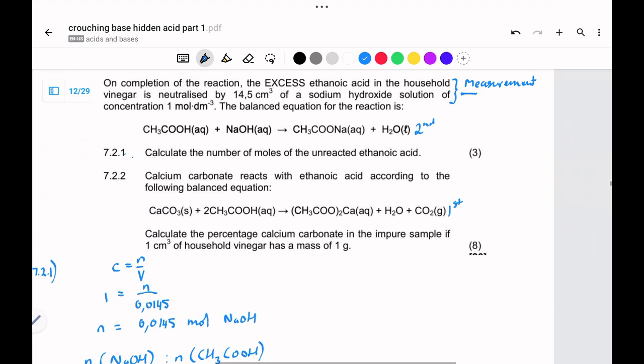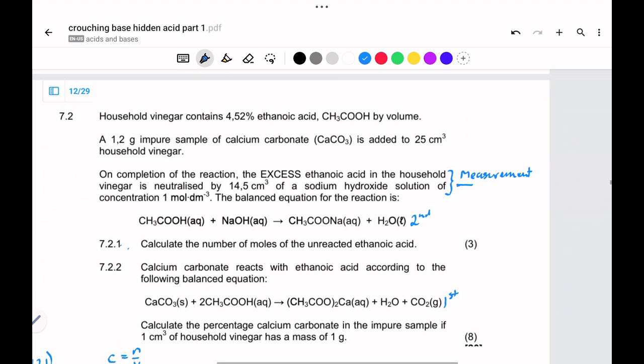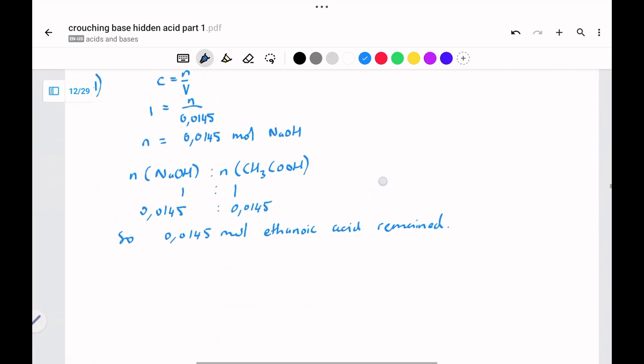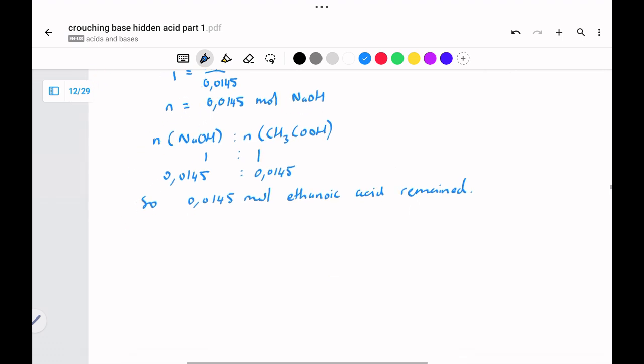Now, we were saying household vinegar is 4.52% acid by volume. There's the volume, right? So we're going to get the initial state of the acid. First we get the volume like this.